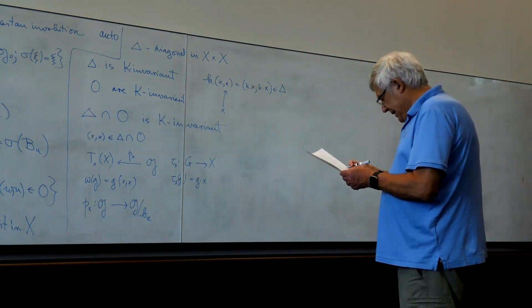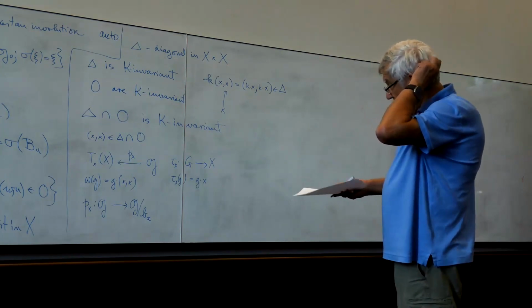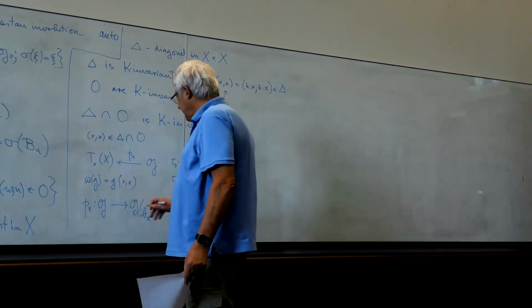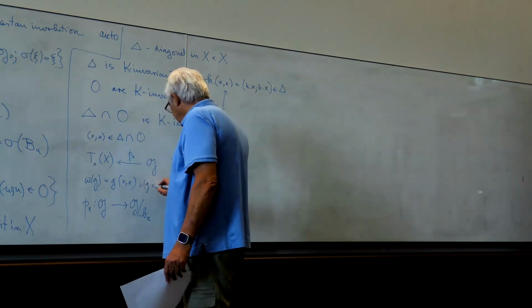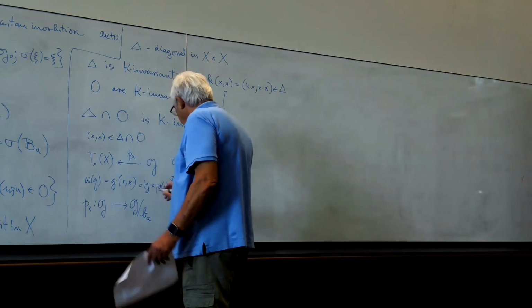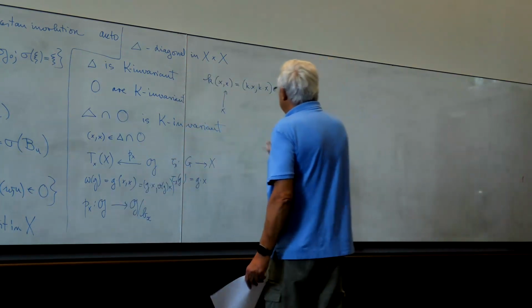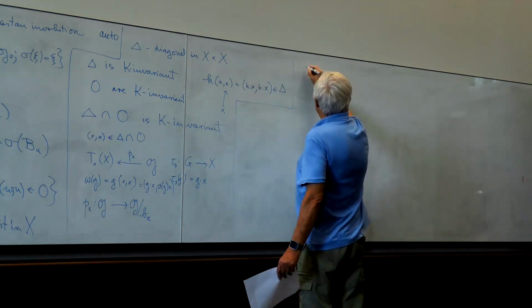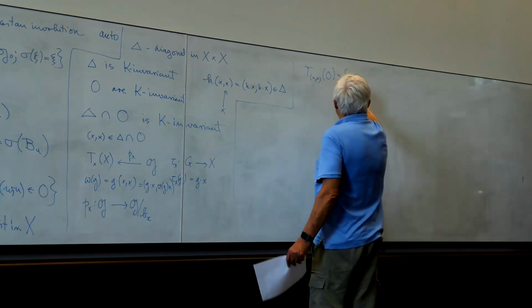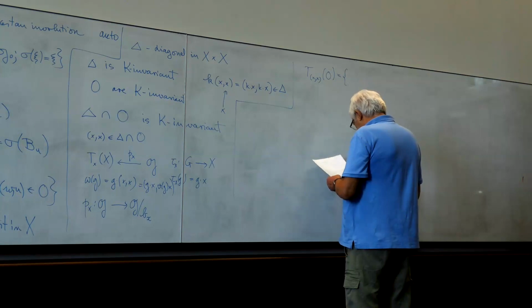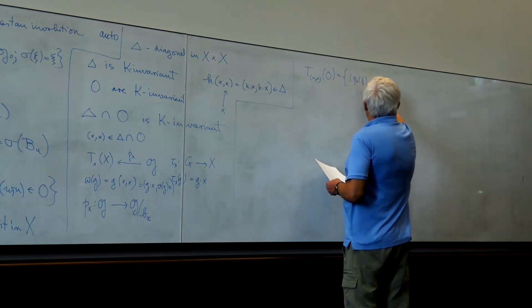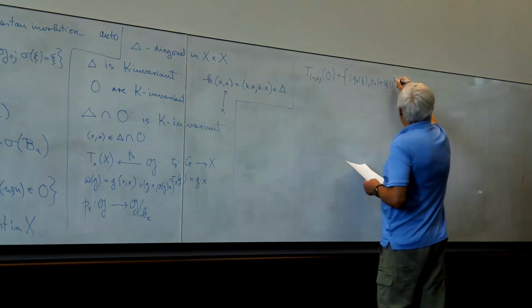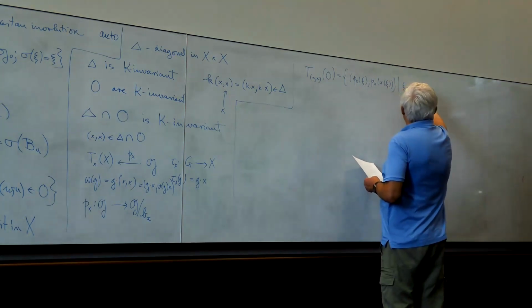So if I look at my orbit map here, g goes to (gx, sigma gx), then I see that the tangent space to O is the set of (p of x c, p of x sigma c) for c in g.